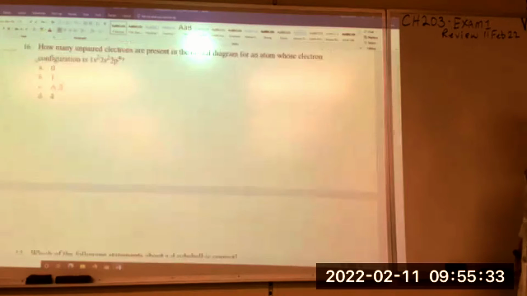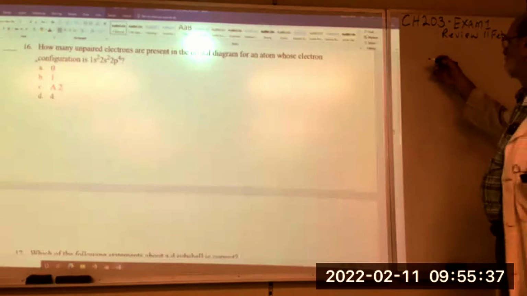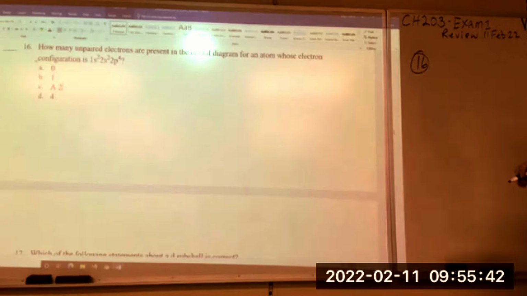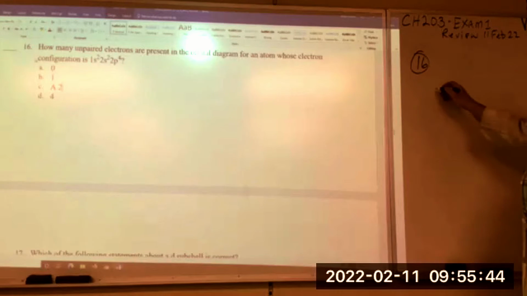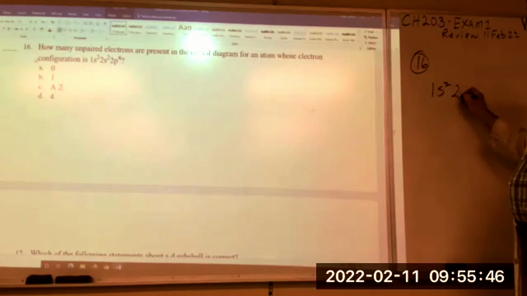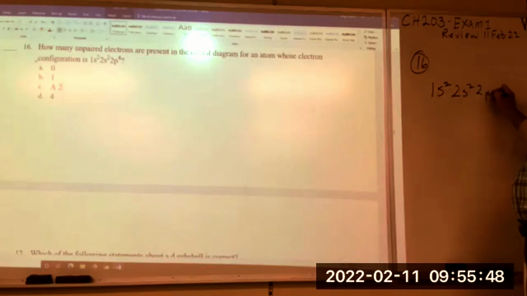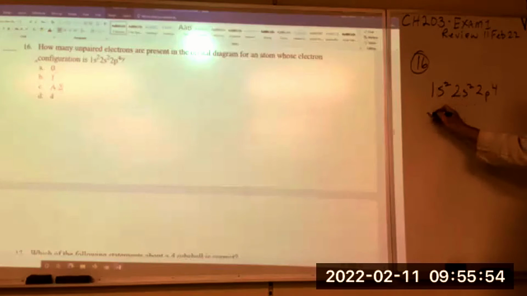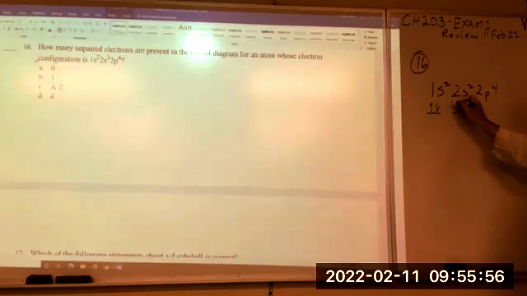Okay, 16. How many unpaired electrons are present in the orbital diagram for an atom whose electronic configuration is 1s2, 2s2, 2p4? These guys are already paired, right? Because there's only 1 orbital each.